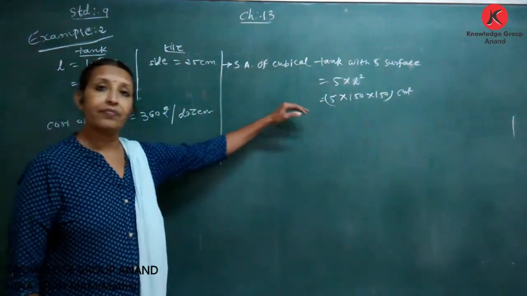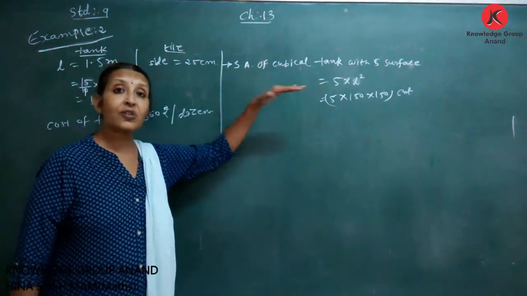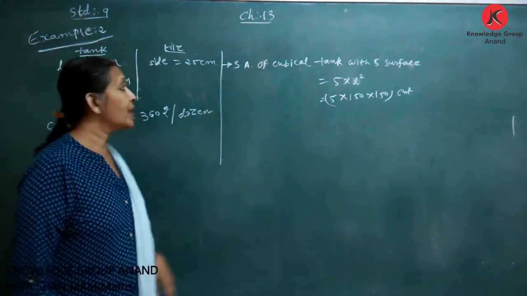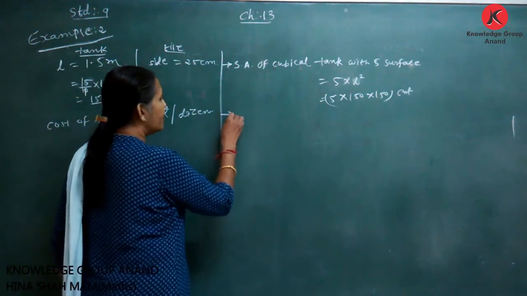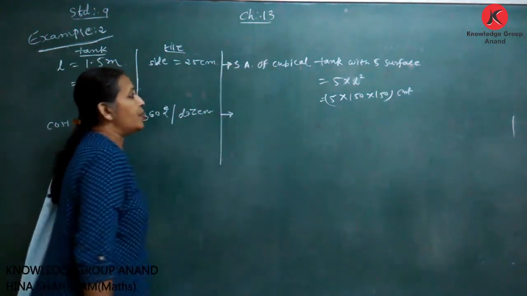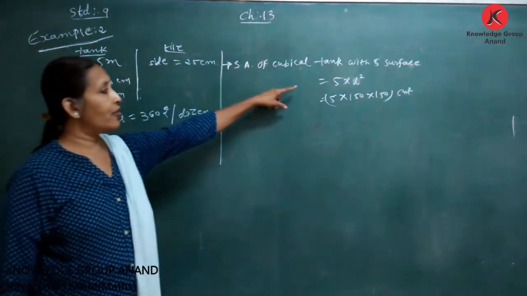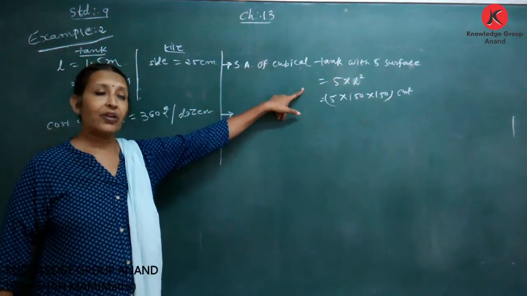We find here 5 sides square because we are excluding the base. Therefore, we do not calculate 6 sides, we calculate 5 sides.